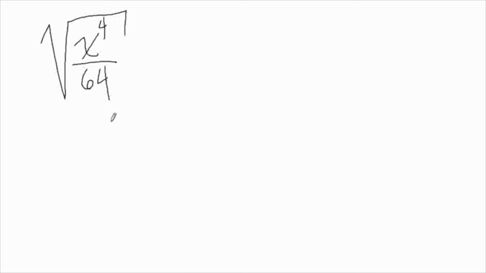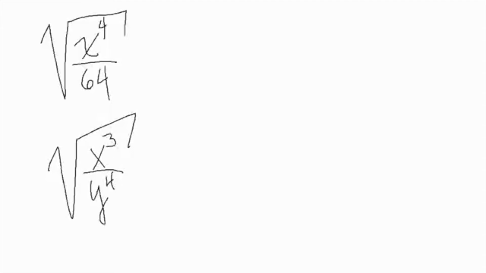Would you please simplify the following radical expressions? The square root of x to the 4 over 64 and the square root of x cubed over y to the 4. So pause the video if you like and try that now, please.